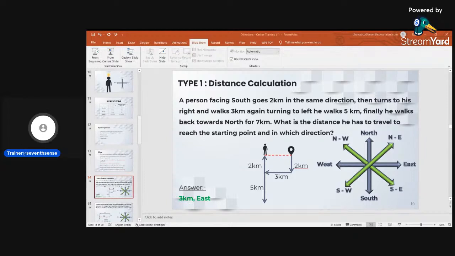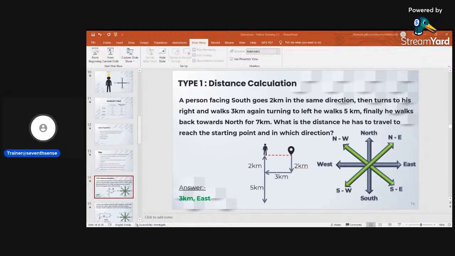Facing towards east, he walks for 30 meters, and again he turns left. If you are facing towards east, this is the right side and this is the left side, right? Then he turns left and walks for 10 meters, and again he turns left and walks for 45 meters.